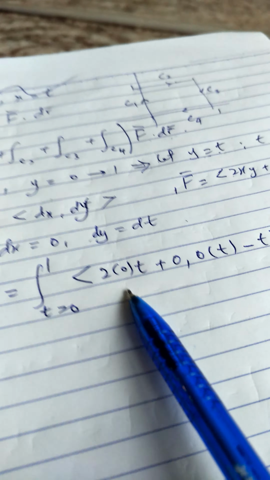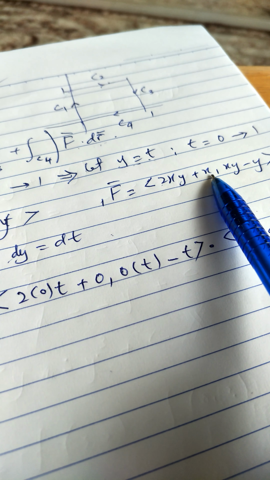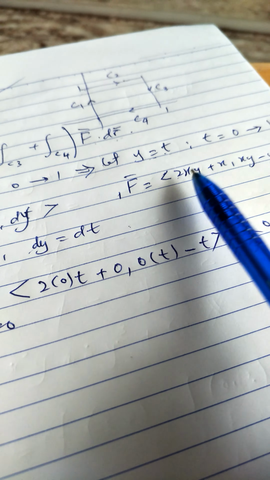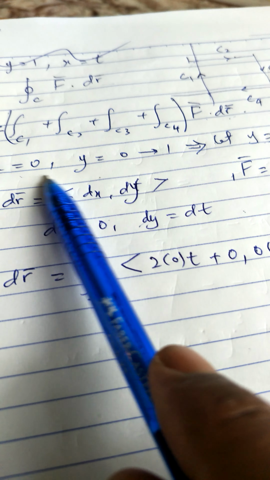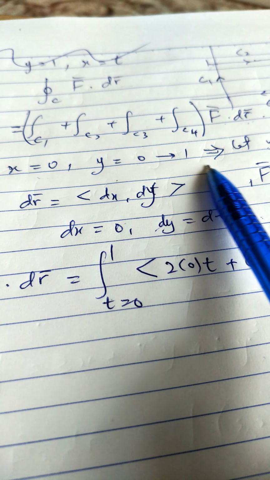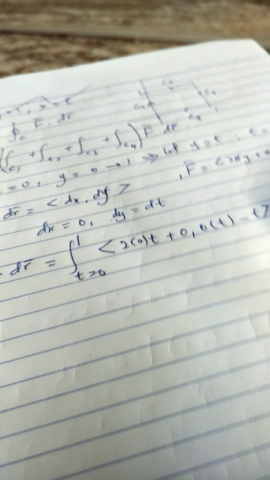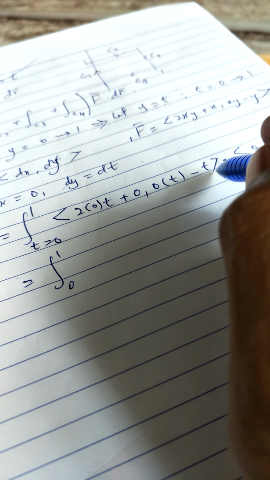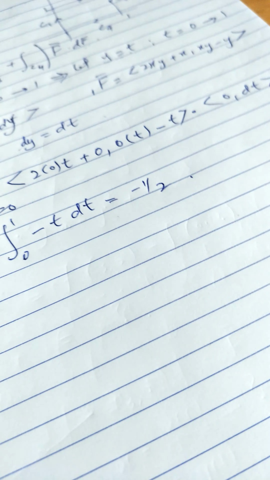Don't get confused with this. This is the vector function F, and we just substitute x and y with the curve that we describe by C1. Then you can just evaluate this. You get minus t dt from 0 to 1, that gives you minus half.